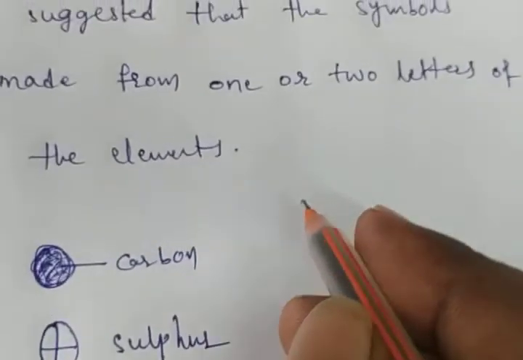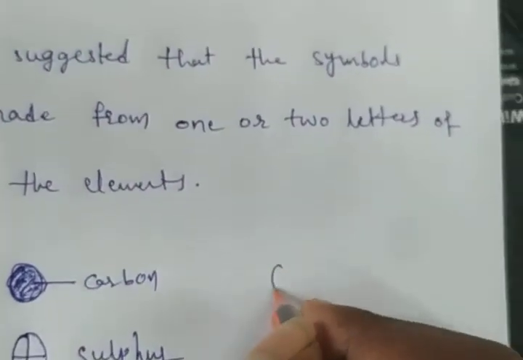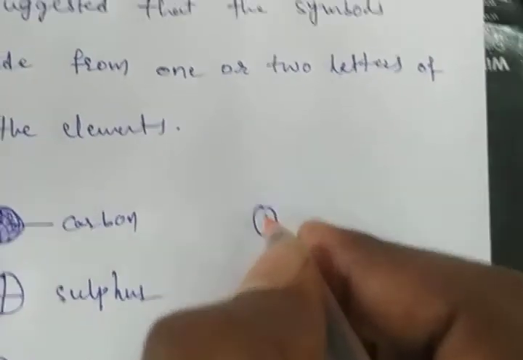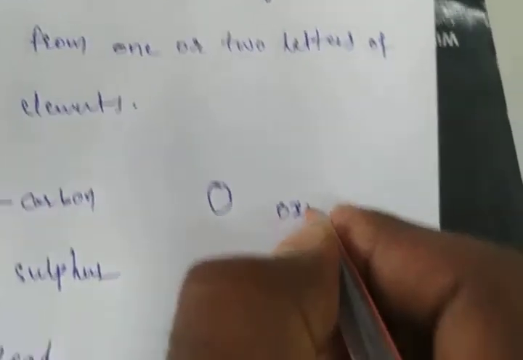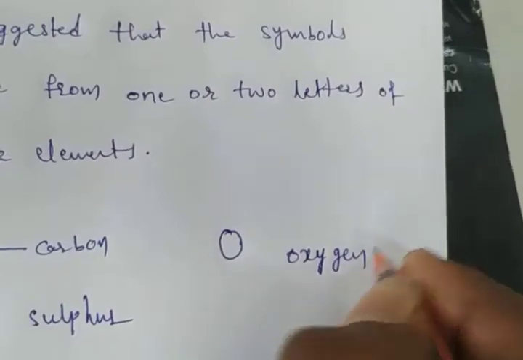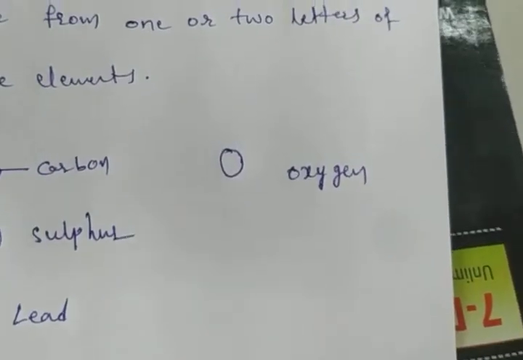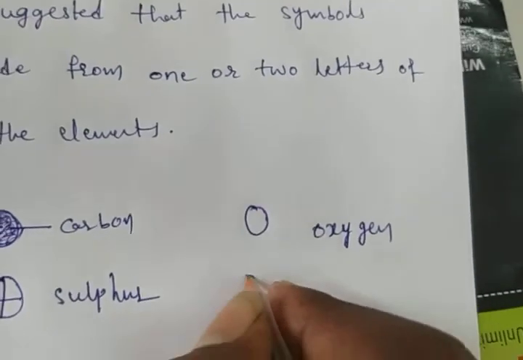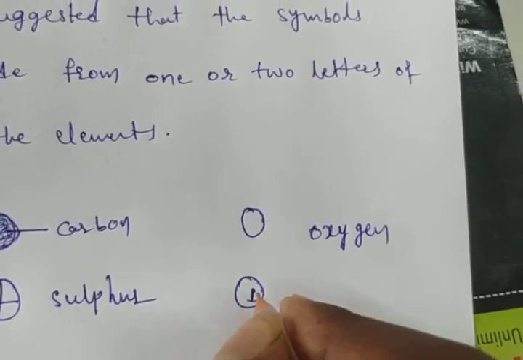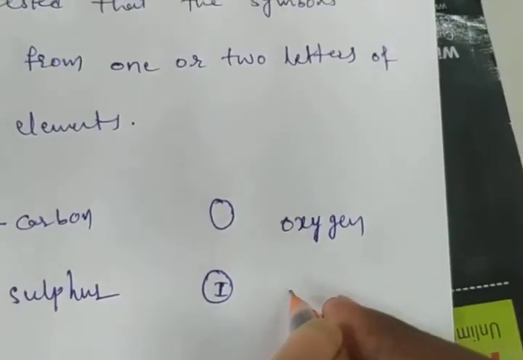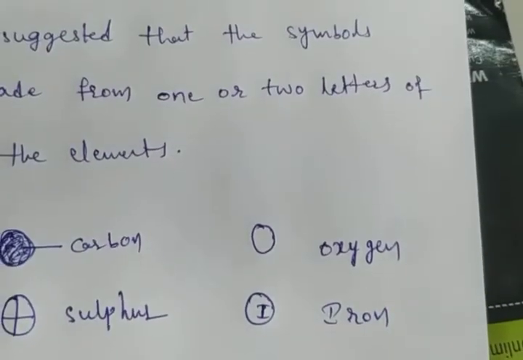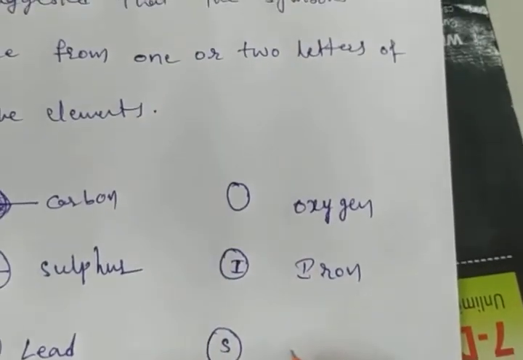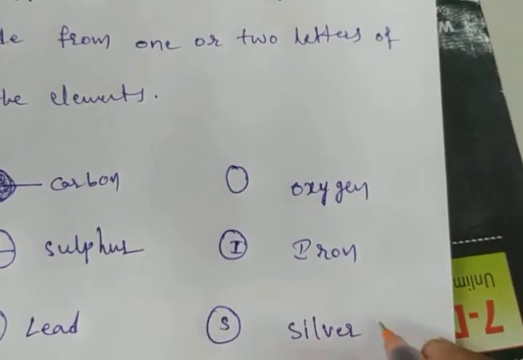Next symbol, oxygen. Oxygen is a simple circle. Next iron, with an I in the middle. And next silver, with an S in the middle.